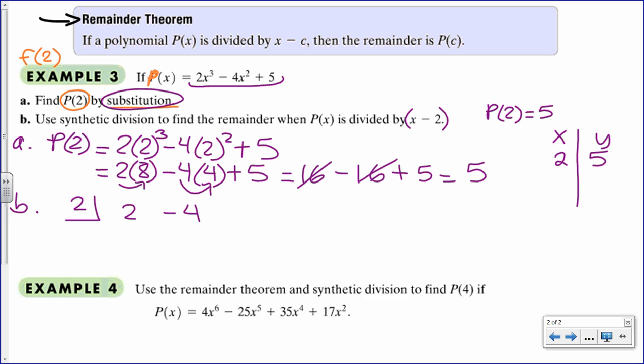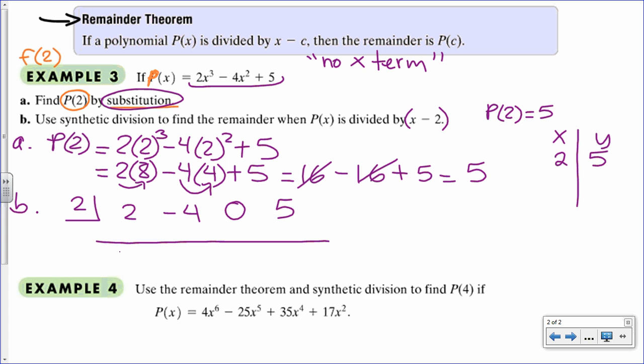And I want you to notice something. There is no x term. You guys notice we go from x squared to the constant? So because of that, we must account with a 0 for that space. We need to keep that space. And then we have the constant term.